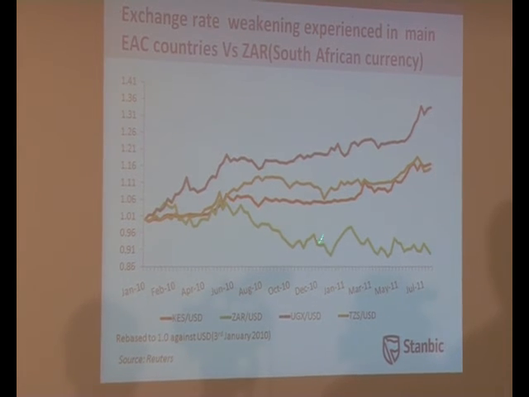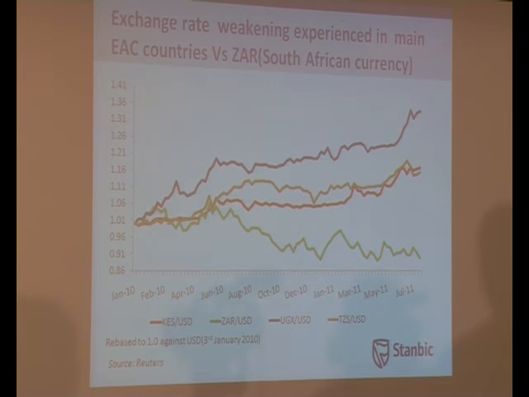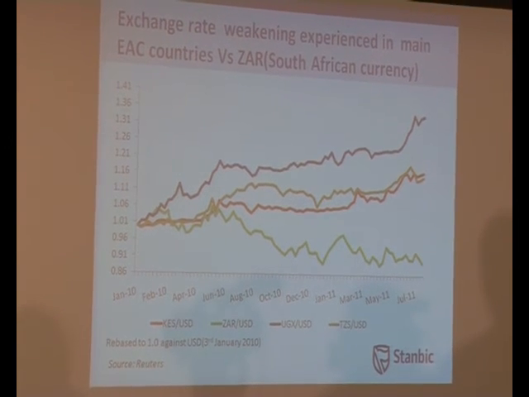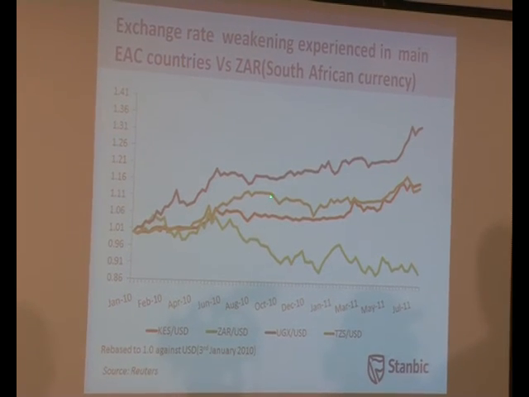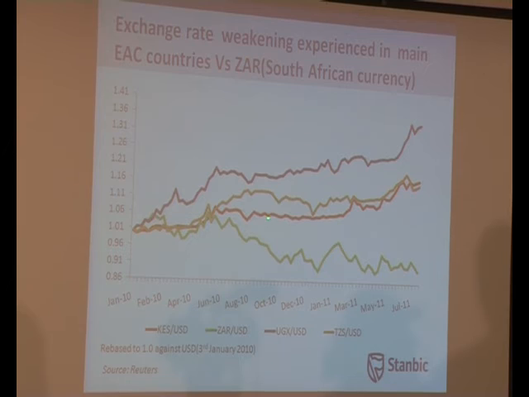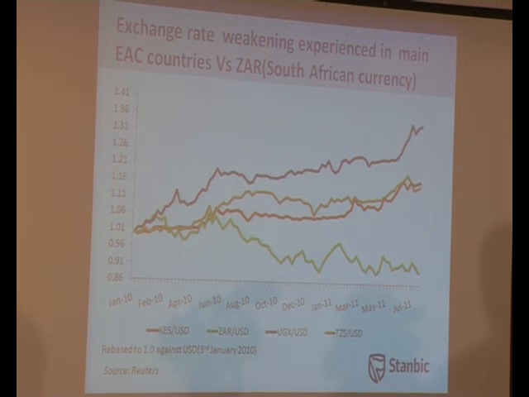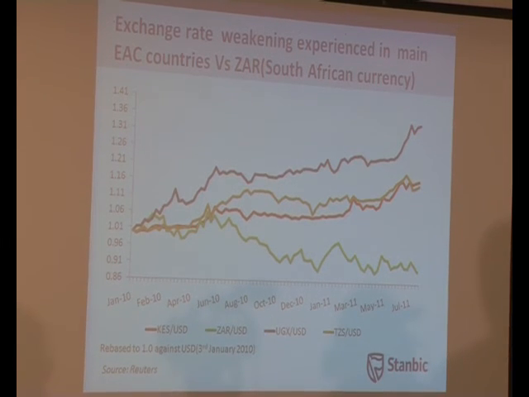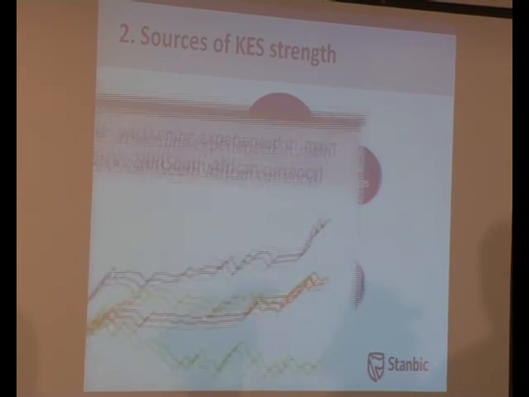So this is more or less a commodity-backed currency, and this is a currency which is not backed by any commodities. It's also fairly instructive to note that the Tanzanian shilling and the Ugandan shilling have fared worse over time than the Kenyan shilling. So relative to our neighbors, we're not in a very bad situation. It's just that from an absolute perspective, when one looks at 95, the antennas tend to move up.